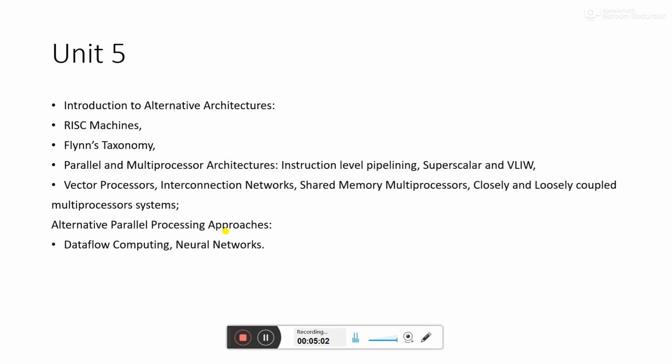Some artificial intelligence devices are also used, for example chessboard programming, where we can play chess with our computing system using a neural network. Some data flow computing problems are also there, which we will discuss in the coming lectures.